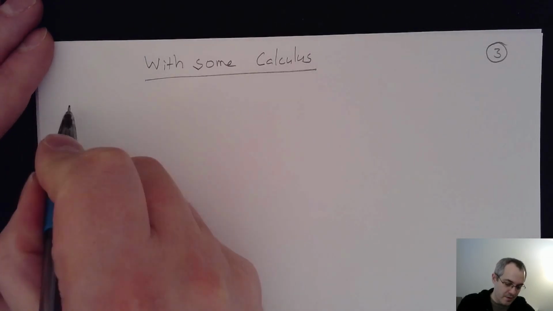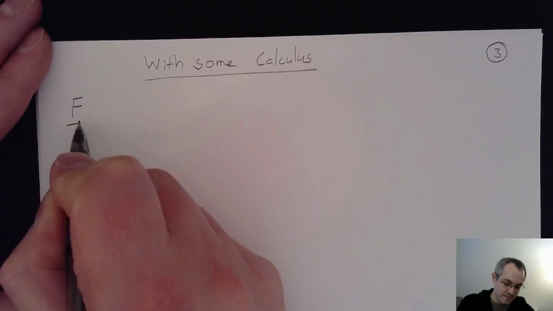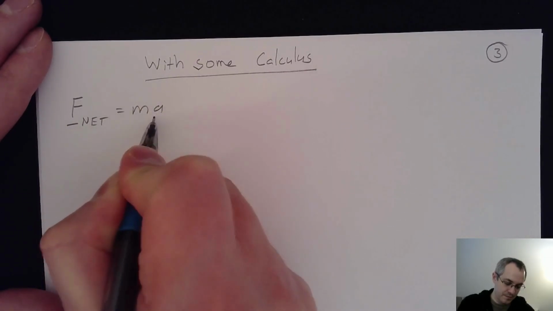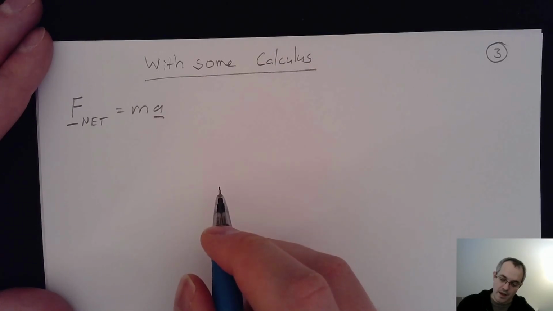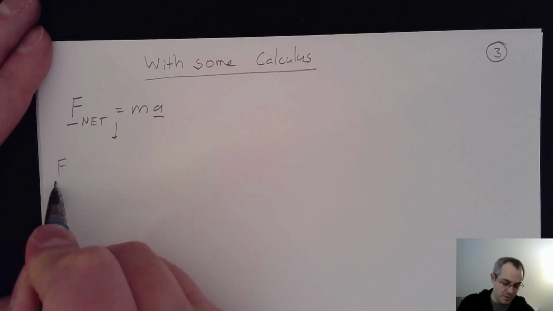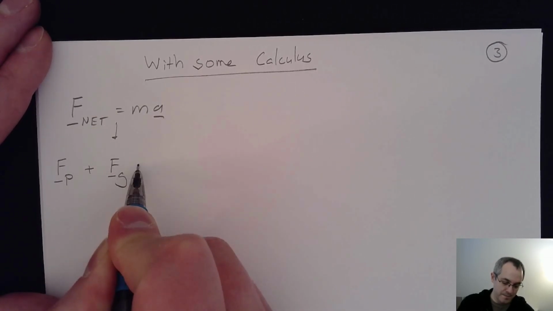So we have F equals ma is where we're starting. And we'll break up those forces into the pushing force and the gravitational force.